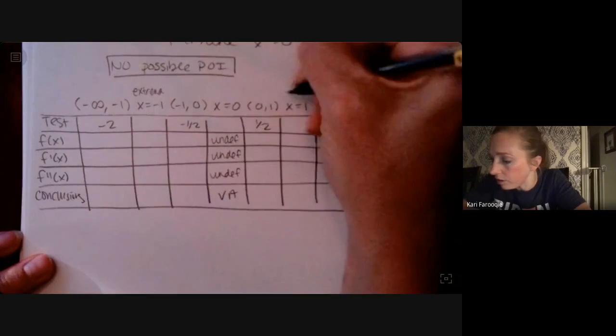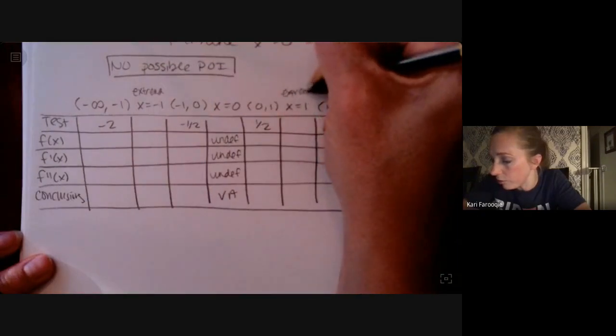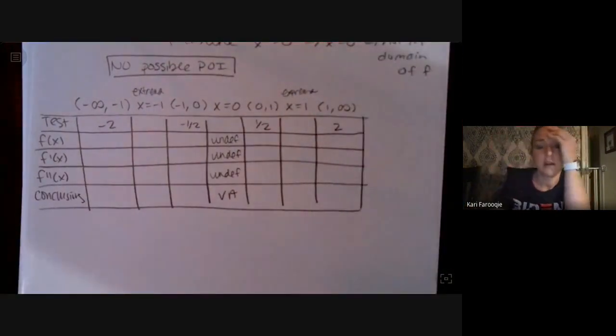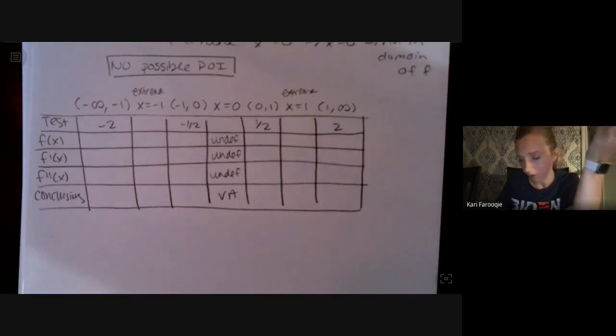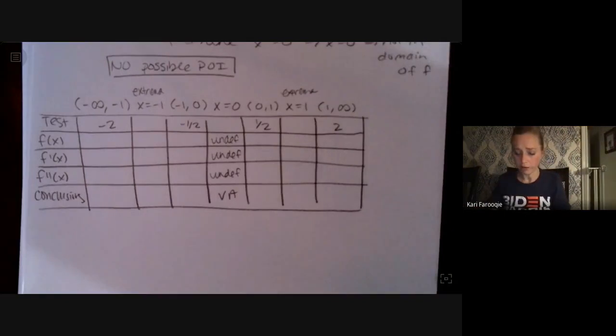And if you want to go ahead and list where you found them and what they were supposed to be, that's fine. But if they're extrema, they're points on the graph, and I want to know what the corresponding y value is. So I am going to look at the y values at those points, although I don't need to look at anything else there. So I'm going to enter in my table -2, -1, -0.5, +0.5, 1, 2. So I have these 6 values that I'm checking.